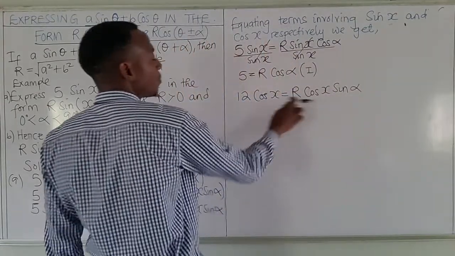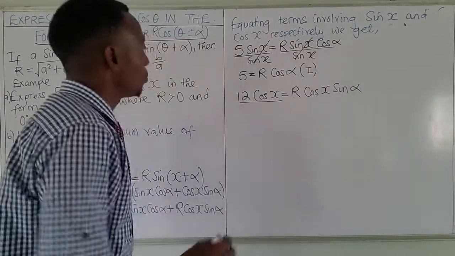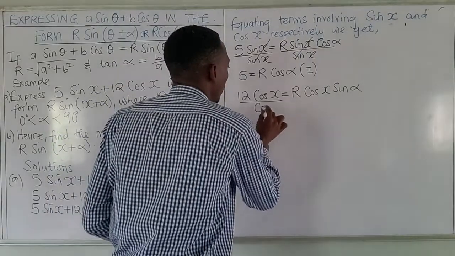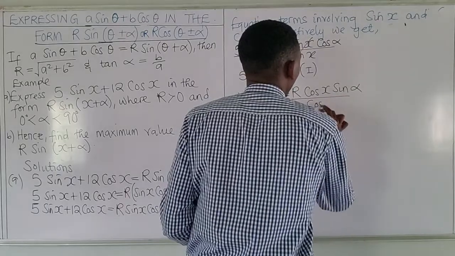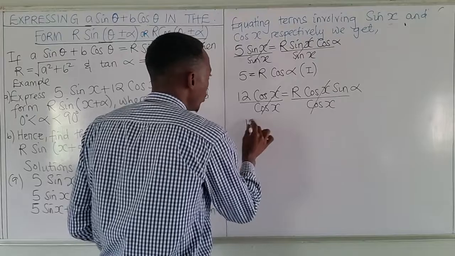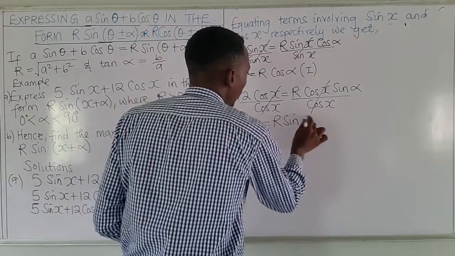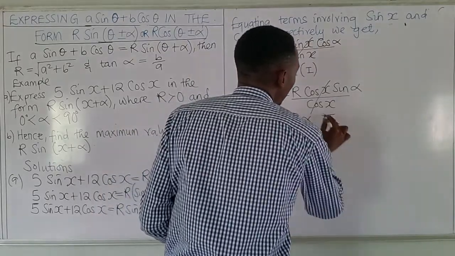Again, on both sides we have got cos x, so we are going to divide by cos x. After dividing, we get 12 is equal to r sine alpha. We label this as our equation 2.